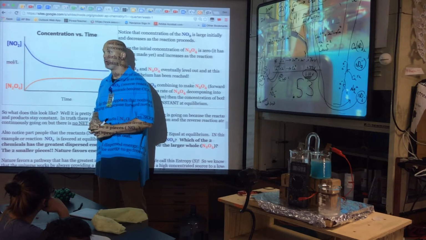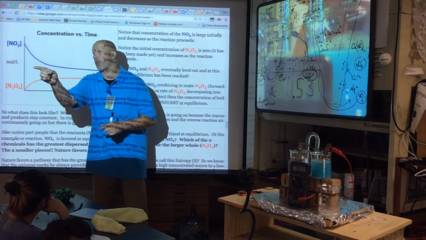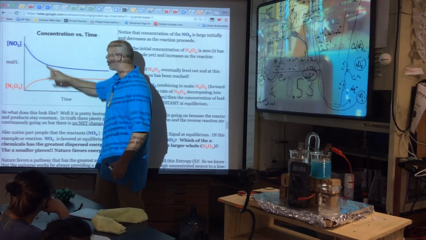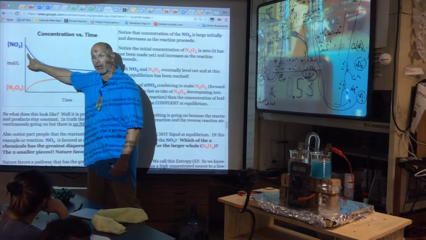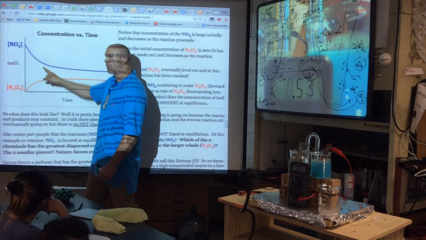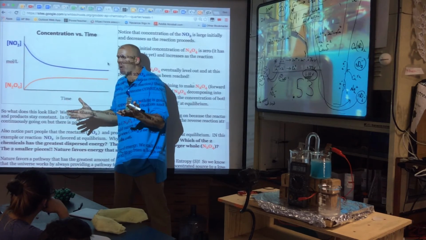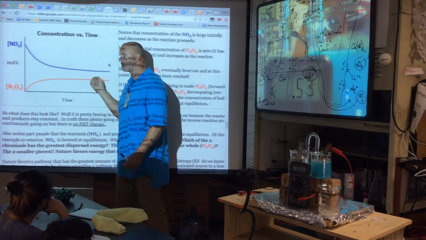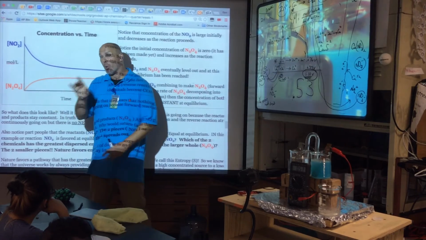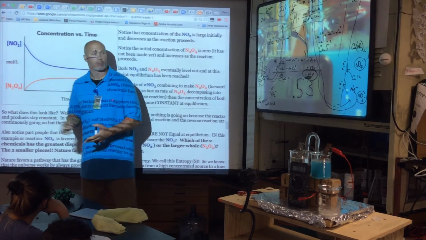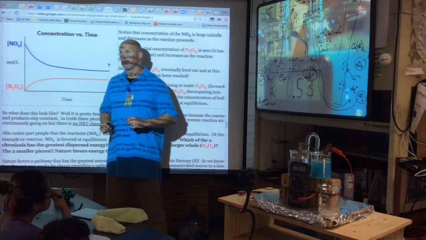What part of the graph do we have a pathway? Perfect. Absolutely. You have a clear pathway. Things are changing. But then, when we reach equilibrium, is there any net change going on? No, there's no pathway. So we went from spontaneous to none. So when we're at equilibrium, the battery dies.